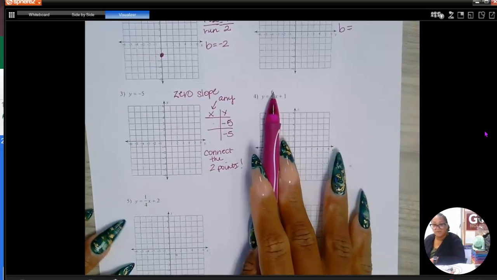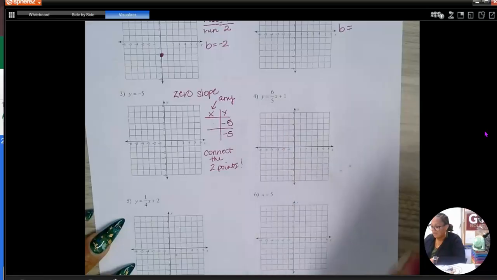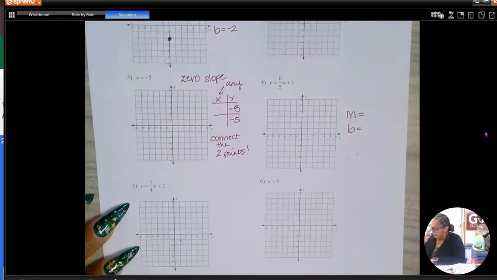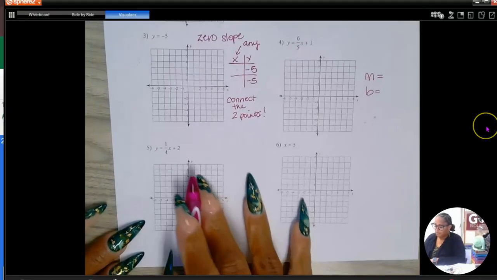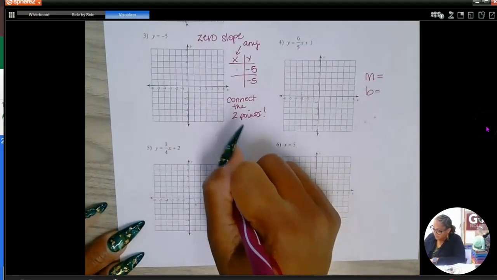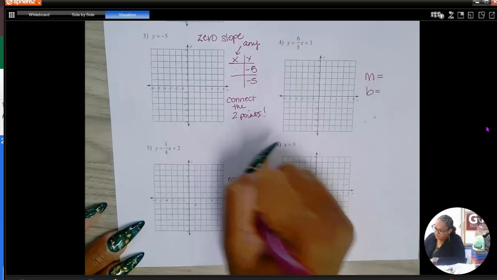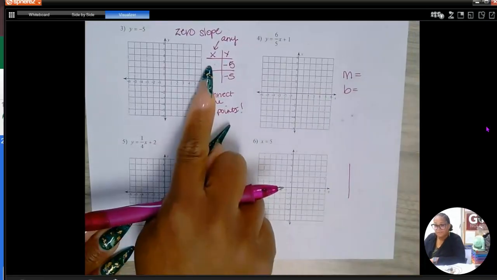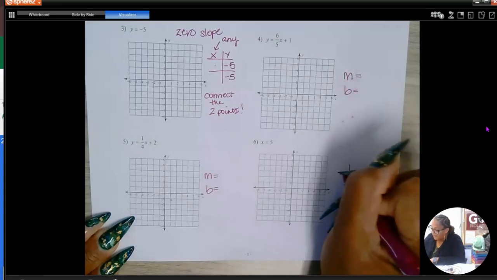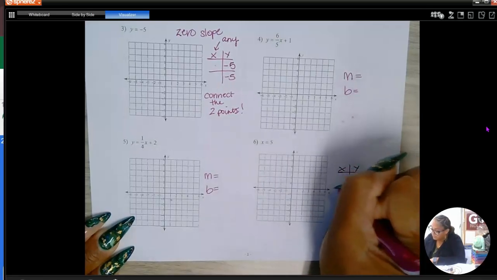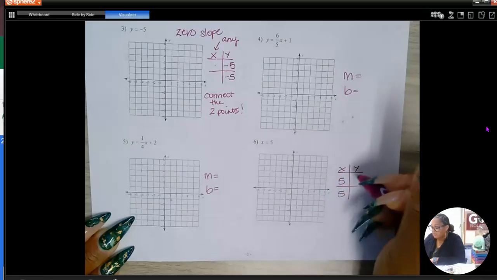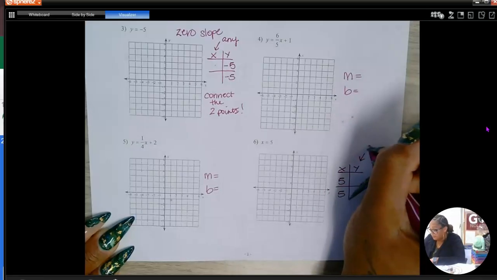Over here, this is a positive slope, 6/5, and 1 is your y-intercept. Over here, positive slope, and 2 is your y-intercept. And this one's the opposite of this one, where my x value is going to be 5, and my y values are going to be any number that I want to put here.